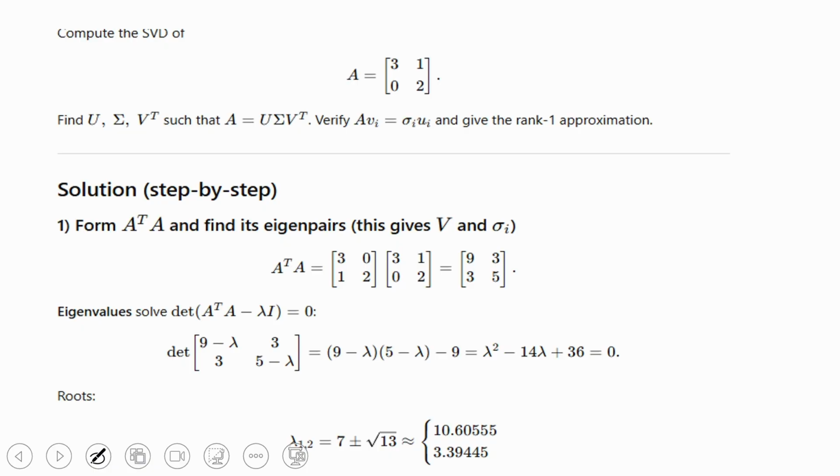So how to find the determinant? First you have to multiply these two: 9 minus lambda into 5 minus lambda, minus the other diagonal, which is 9.